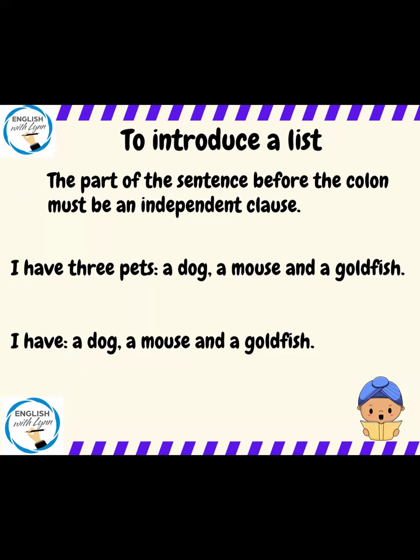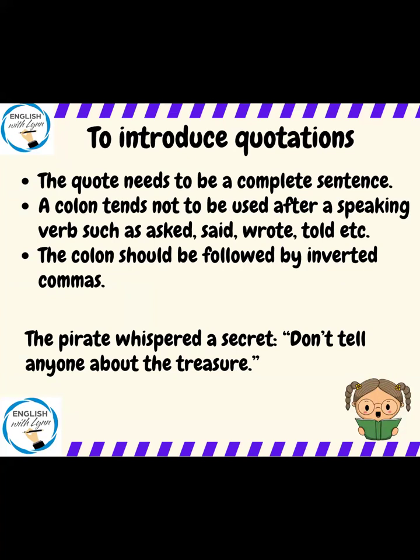And like I've just said, a way to check is to substitute the colon with "and these are" or "which are", and you will be able to see if it makes sense. Okay, so those are the colons within a list. The next ones we are looking at are the colons to introduce quotations.